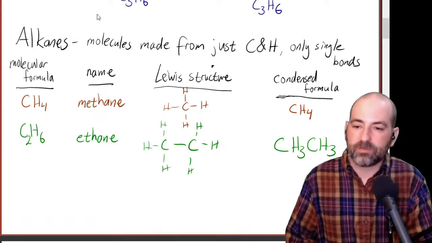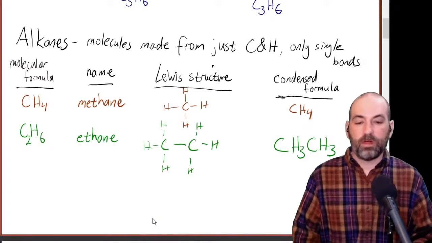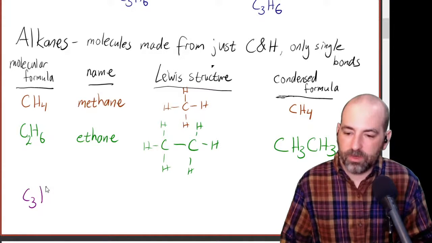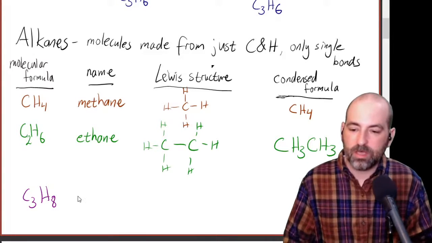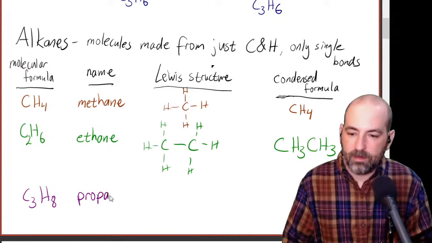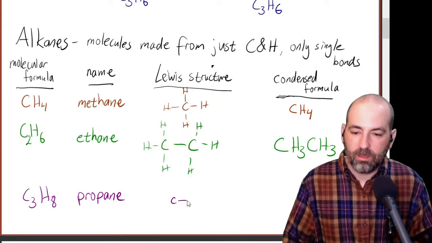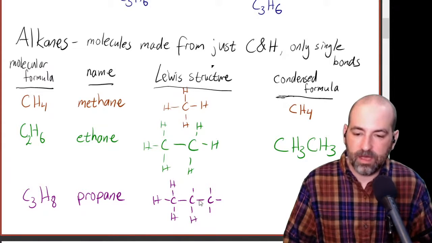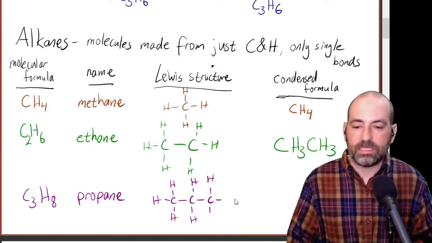Maybe it doesn't matter so much for such a small molecule, but when we get into bigger ones, it'll be really useful. So our next one is one that we drew above, actually, C3H8, propane. And that Lewis structure looks like this. And you can see, if you're following along and drawing on your paper, that even just at 3 carbons now, this structure is getting a little tedious to draw.